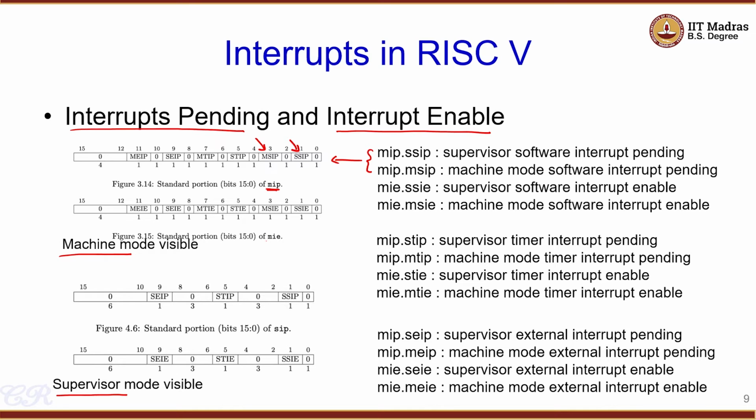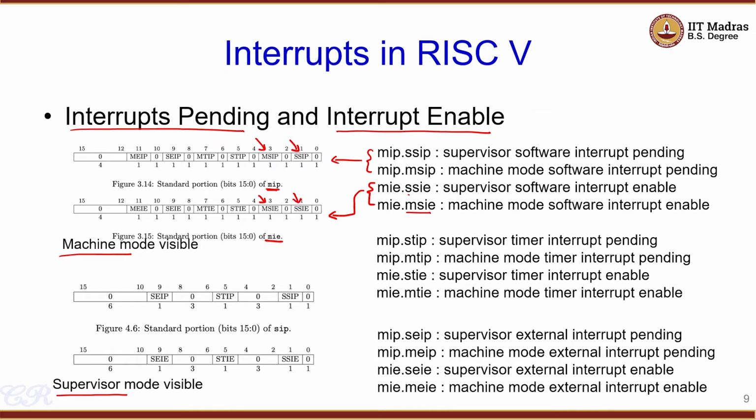And besides MIP, we have another register known as MIE. So, MIE corresponds to machine mode interrupt enable. So, you can specifically enable or disable interrupts by manipulating this particular register. So, you have supervisor software interrupt enable, which is SSIE, which is this, and MSIE is machine mode software interrupt enable, which is this one, right.